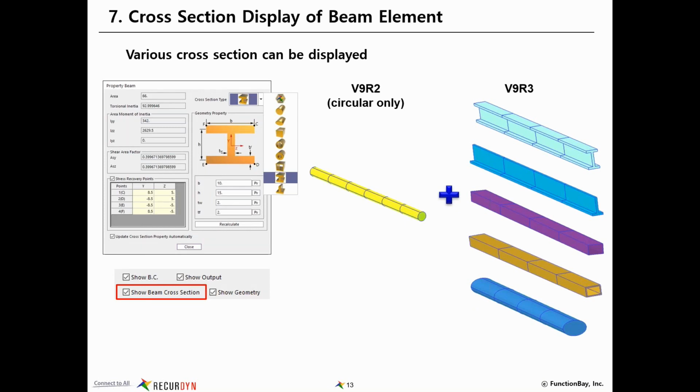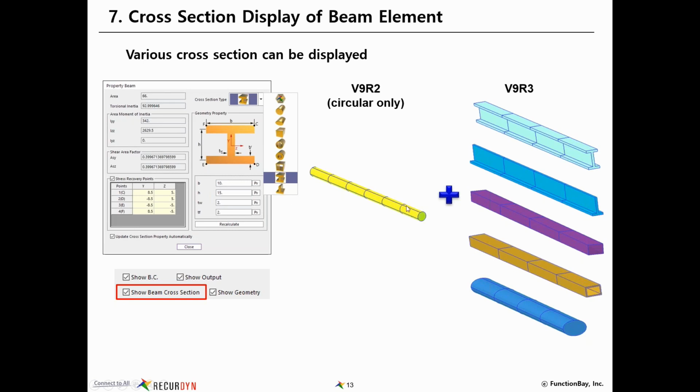All right, so looking at the cross-section display of beam elements. When you include beam elements in your model, you have the option to show what the beam cross-section looks like. There have previously been options to include beam elements of different cross-sections, but you could previously only show the circular cross-section.